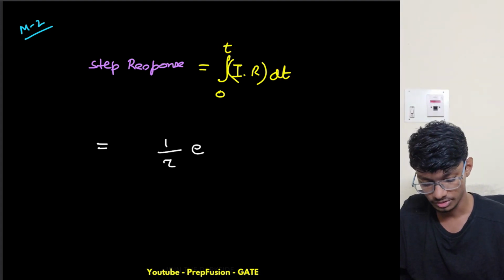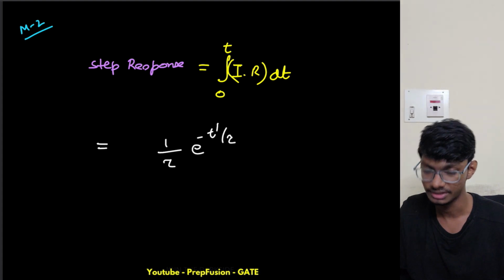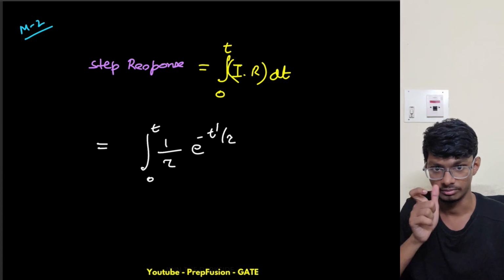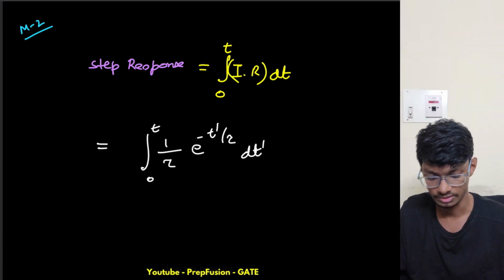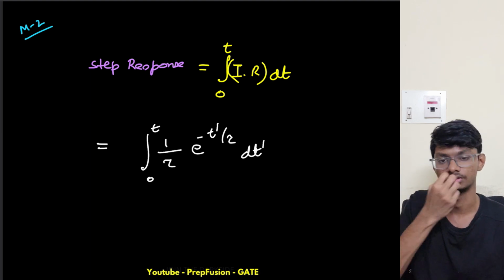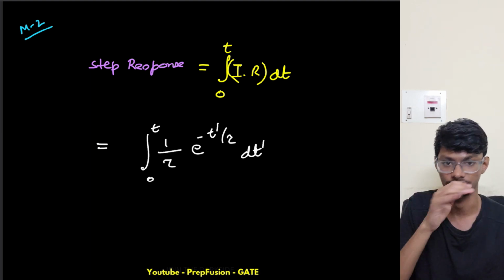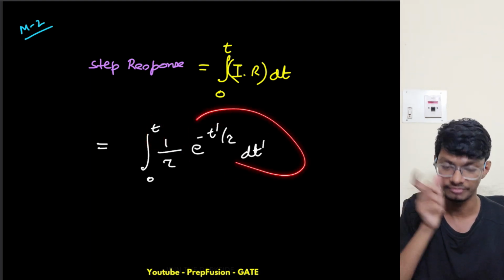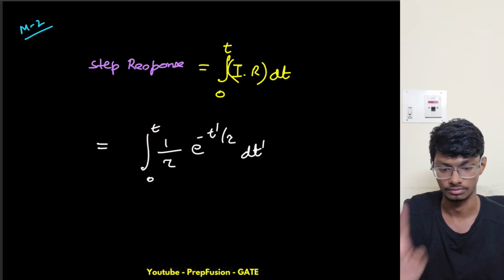So 1 over tau e raised to power minus t dash upon tau, dt dash. T dash is just a dummy variable. I hope you understand dummy variables; we can name it x, y, z, anything. We just have to integrate this, then replace that dummy variable in terms of t. That is the important part.